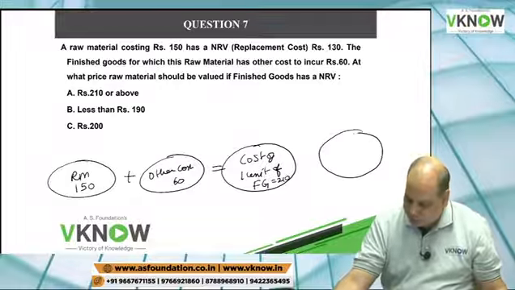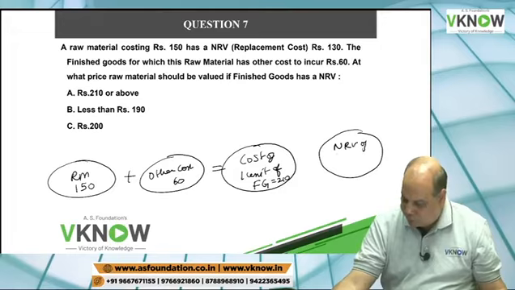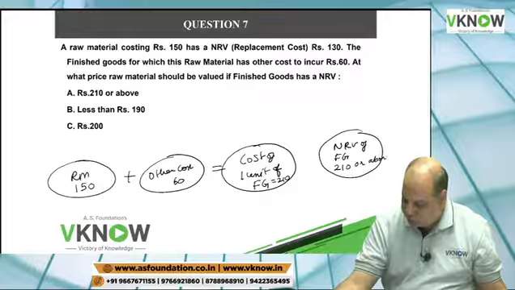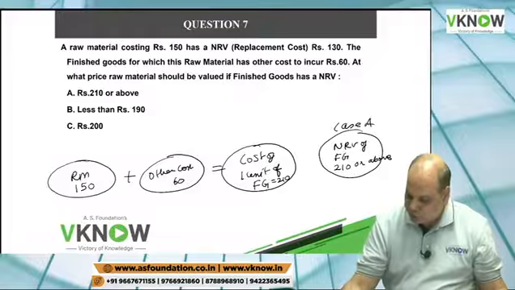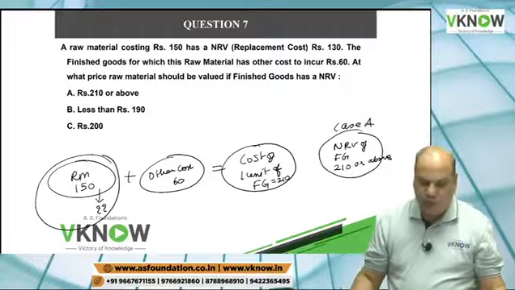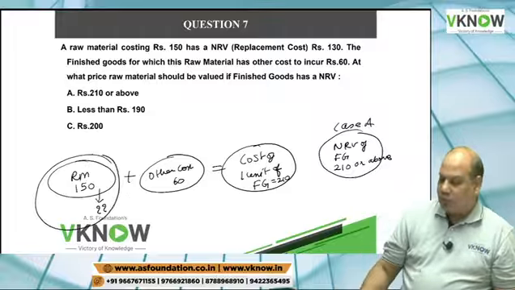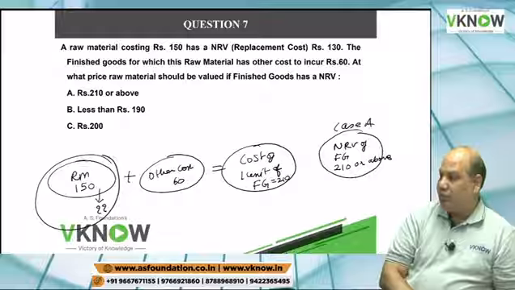Case 1, the NRV of finished good is 210 or above. This is my case A. So the question is, at what amount raw material will be valued?